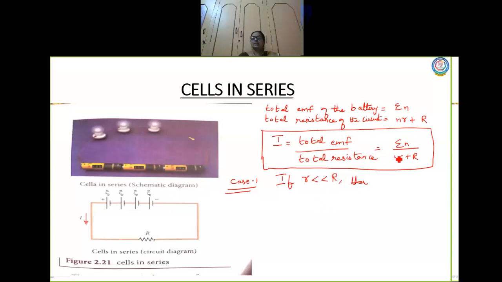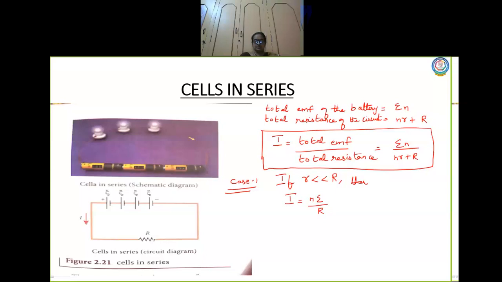If the internal resistance is very small, this term in the equation will be negligible. So in that case, I will have the value of current as I is equal to n times psi by R. Am I right?